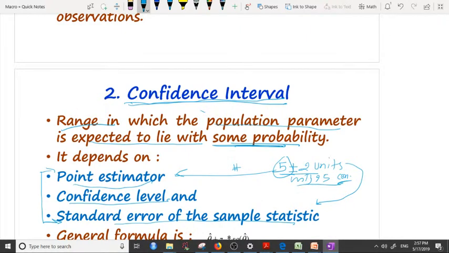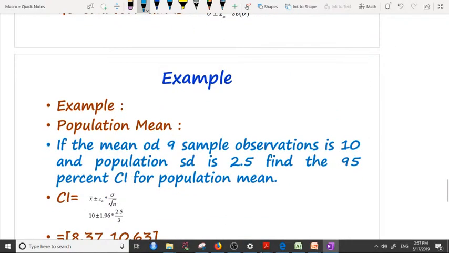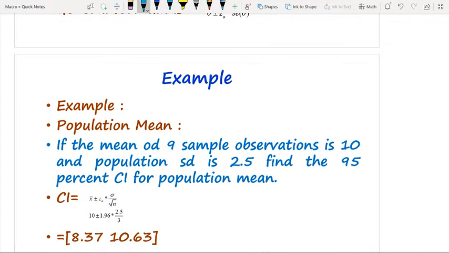For example, let us take the case of population mean: how to construct a confidence interval for the population mean. So the formula for constructing the confidence interval is x bar plus minus z alpha times sigma over square root of n.